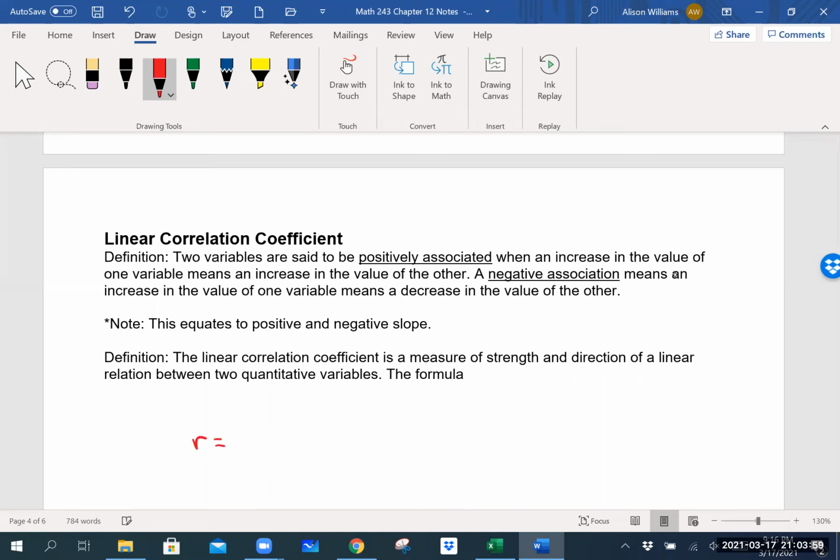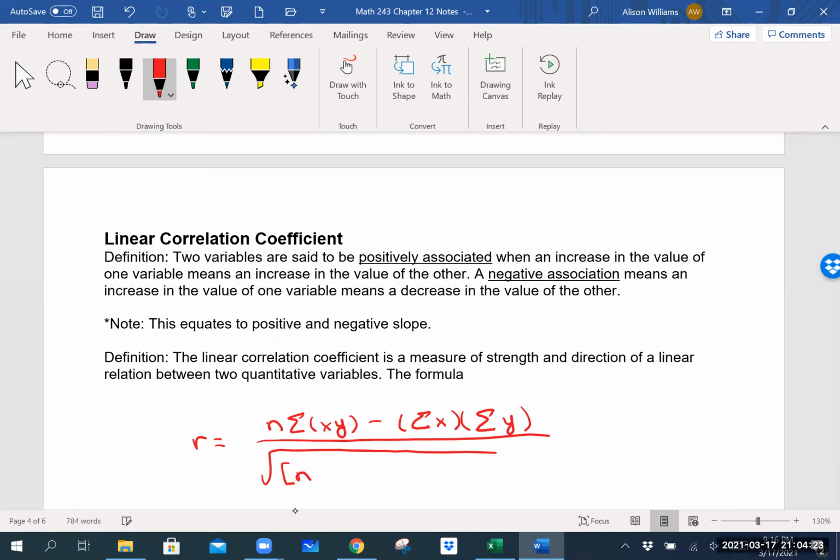So R, that's what we use to represent the linear correlation coefficient, equals N, which is the sample size, times the sum of all of the X and Y values multiplied and added together, subtracting, adding up all of the X values, timesing it by adding up all the Y values, divided by the square root of N times the sum of all the X values squared minus the sum of the X values and then squared, and then doing the same thing for the Y values.